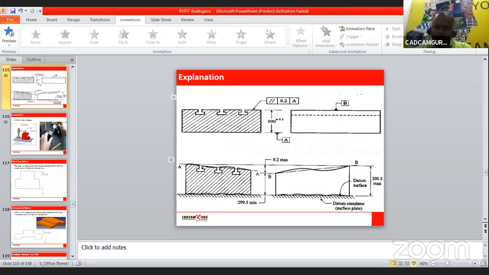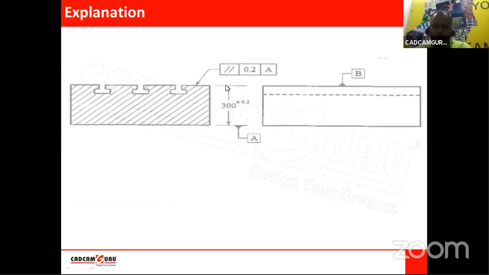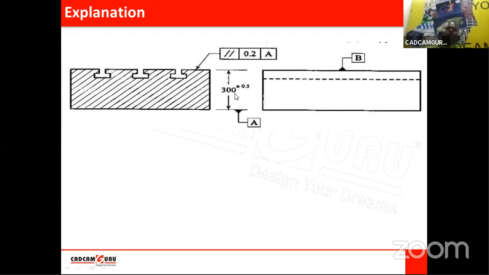So this dimension, 300, has a tolerance of plus and minus. The value is not important, but there is a plus sign and a minus sign.